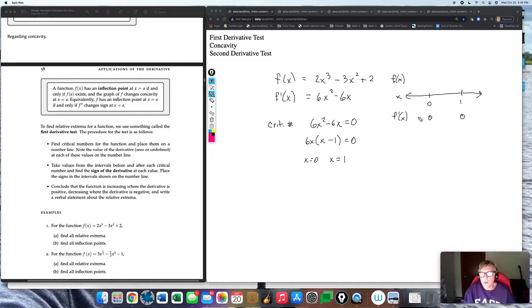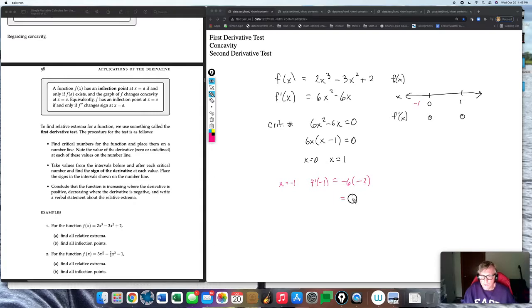We get to pick a number in each interval. So I get to pick a number like, let's say, -1. I'm going to plug that into my derivative and see if I get a positive or negative. So I can do that here real easily. If I put x equals -1 here, f prime of -1 would be -6 times -2, right?